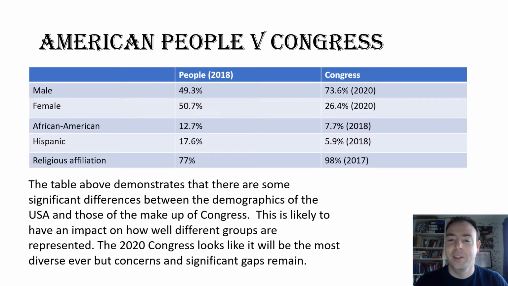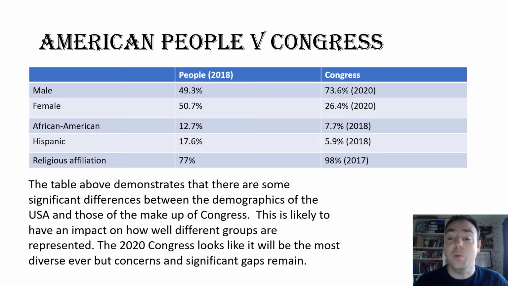So this might well tell us some interesting things about when Congress is debating issues such as abortion and things like that, why it might not seem to be completely in touch with the population as a whole.